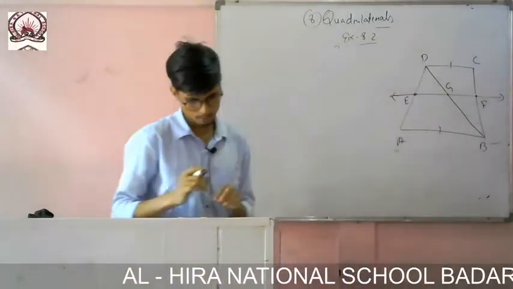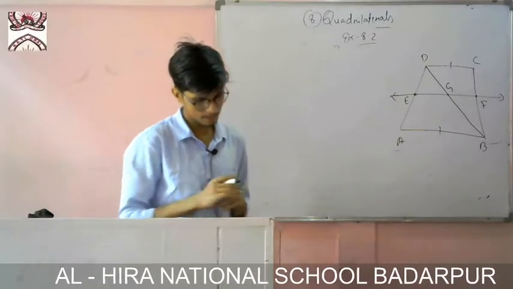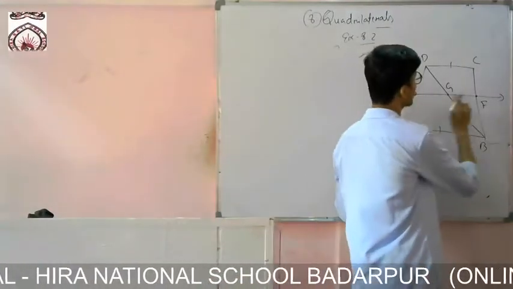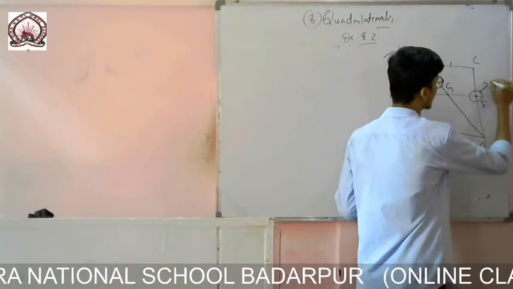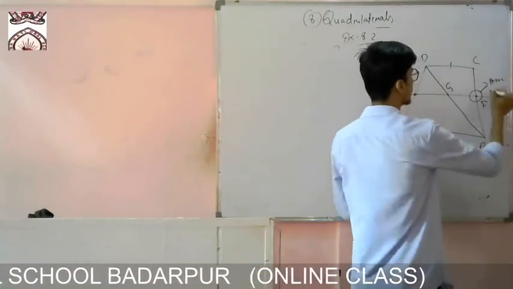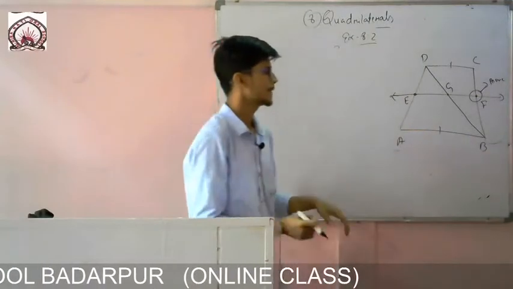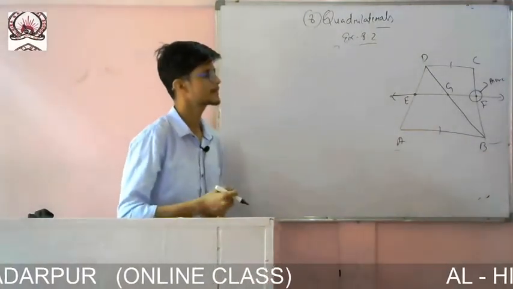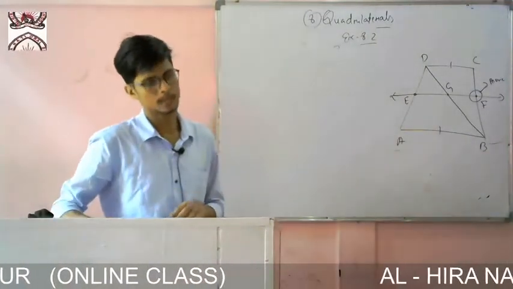The question is to prove that F is the midpoint of the side BC. So that means it is the converse.